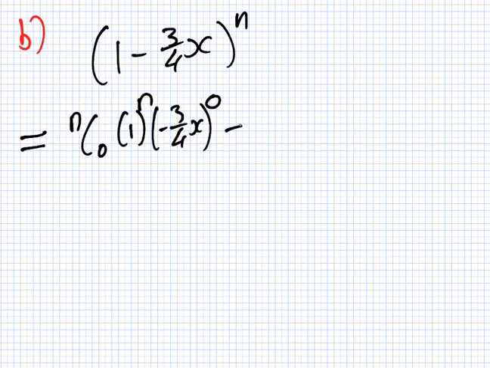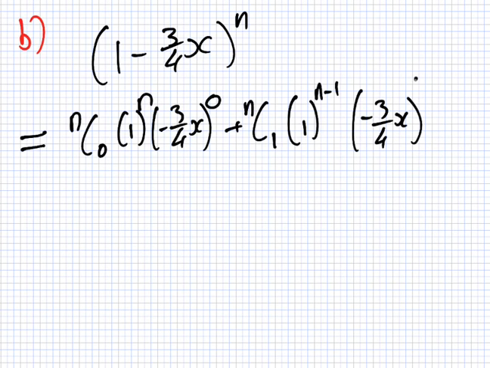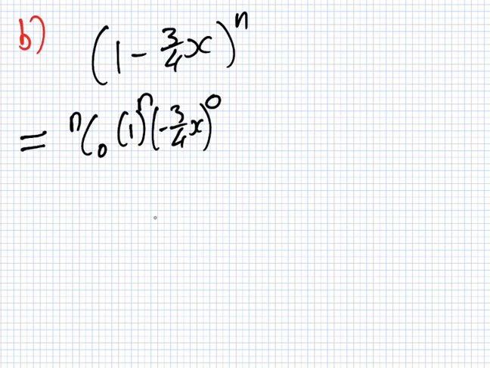And then the next one would be nC1, 1 power n minus 1, and then the next one is minus 3 over 4 x power 1, and so on. But look, I'm going to remove that. I mean, you can write it down, that's fine.